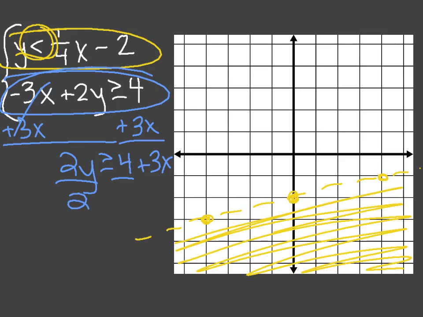Divide everything by 2 here so that I can really get the y to be all by itself. So there's my inequality. I'm going to graph the 2 first. And then I'm going to go up 3 and over 2 for my rise over run.